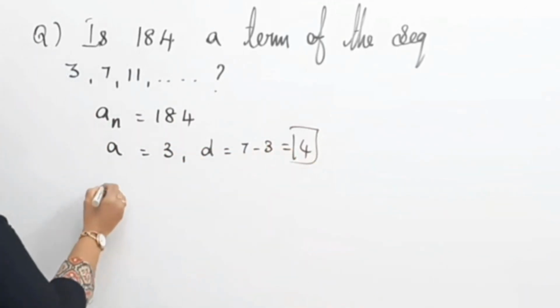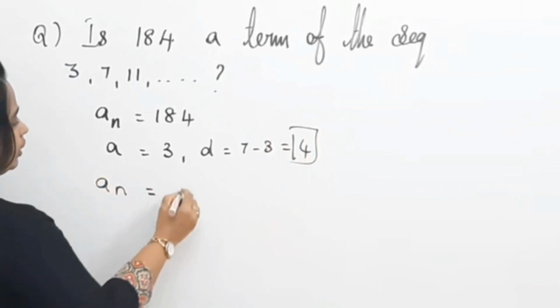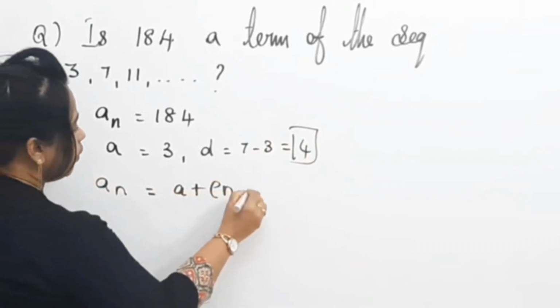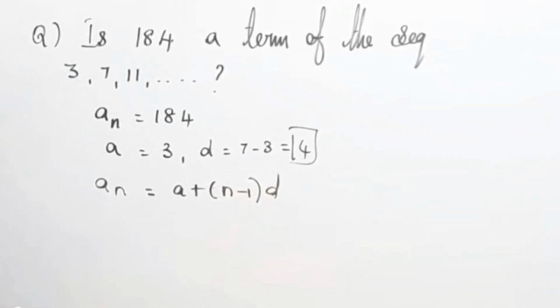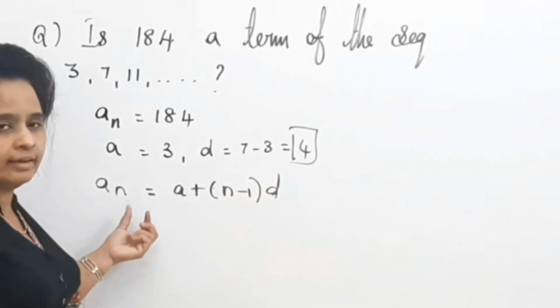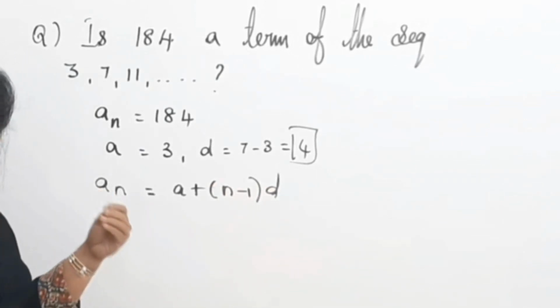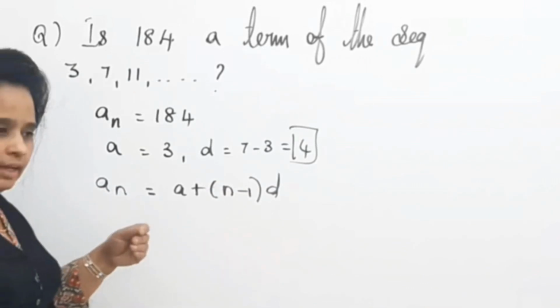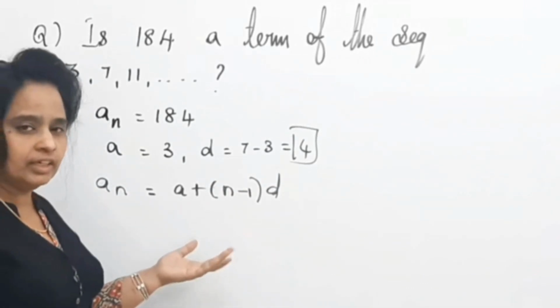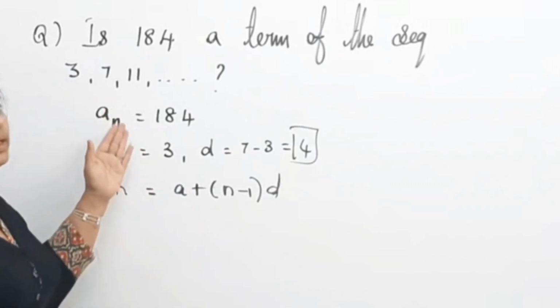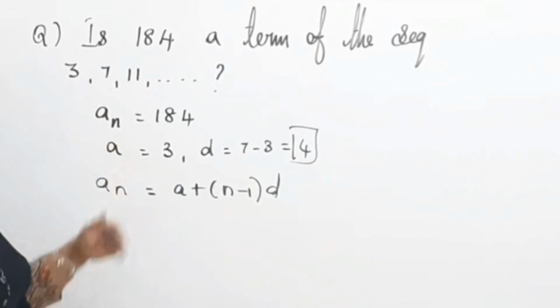So I would use an is equal to a plus n minus 1 into d. What am I going to find here? I would find my n here. If the number n comes out as a countable number, a positive integer, then of course this is going to be a term of the sequence.